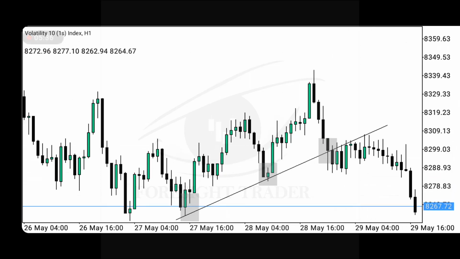So this is one of the methodologies every new price action trader learns. We all learn how to use the trend line, and it eventually breaks us rather than makes us.